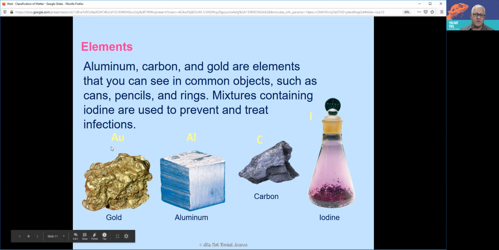Gold has an elemental symbol of Au. Aluminum is another metal. It has an elemental symbol of Al. Carbon is C, and iodine is I. But these are each individual elements.